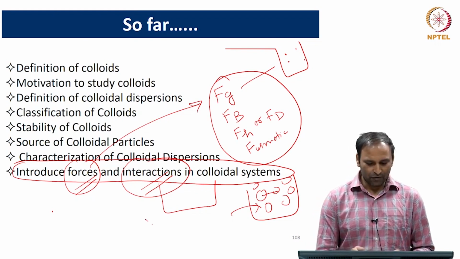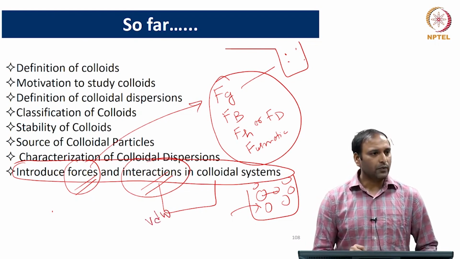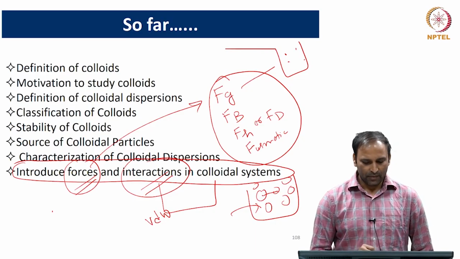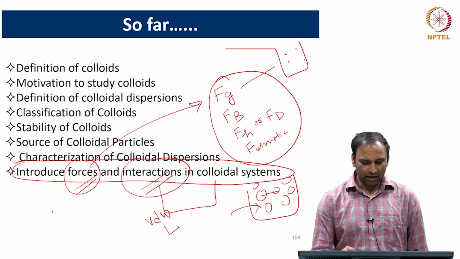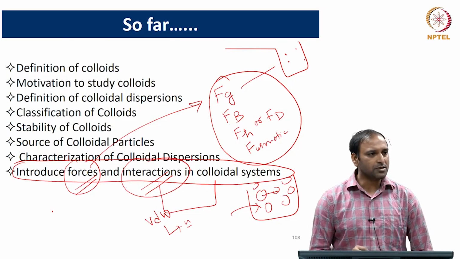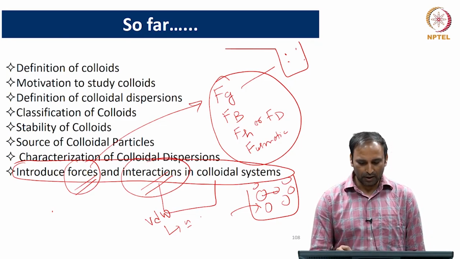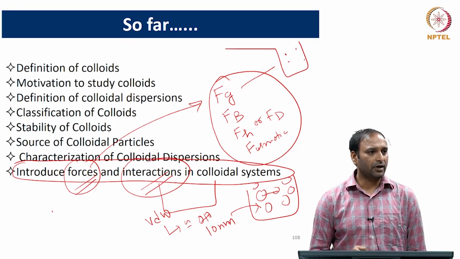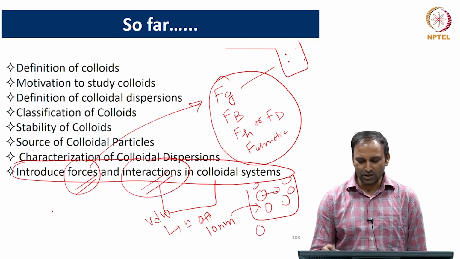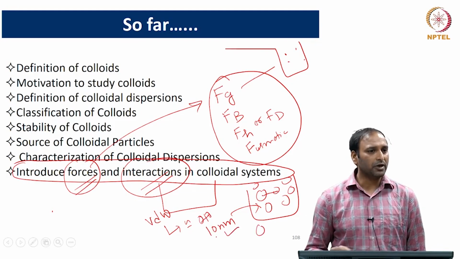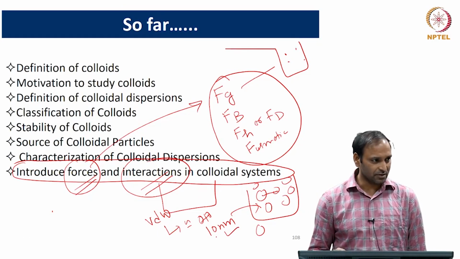Okay. For example, if you talk about van der Waals forces, which we will expand on further, typically this van der Waals force of interaction is operative when the distance between the particles is about 10 nanometers or less. Okay. That means if you have any distance which is larger than this, you do not have to worry about van der Waals force of interaction. Okay.